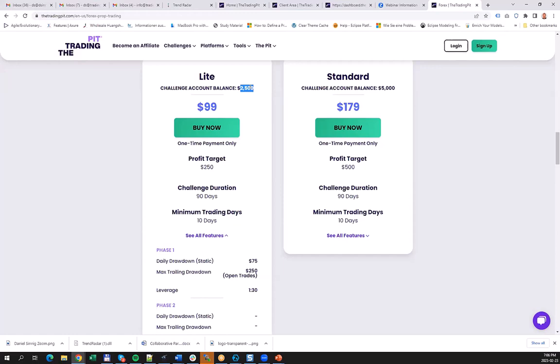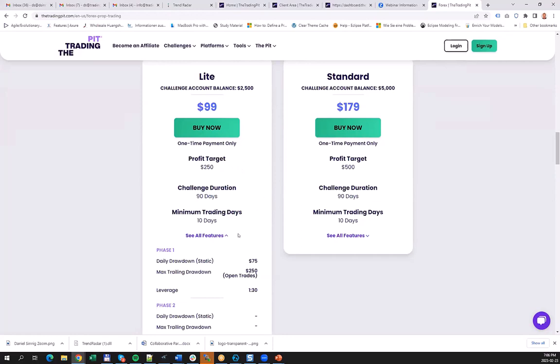At this time, you would be losing this particular challenge. But there are many tools that you can use to avoid this scenario. You can close out your positions. You can wait until market conditions are more beneficial, and you can use your risk management throughout to achieve the objective. And this is possible because you have 90 days. That to me is a long time to achieve this objective.